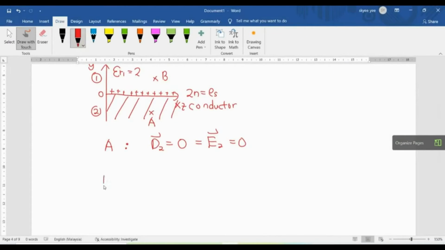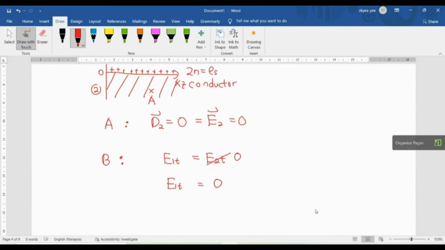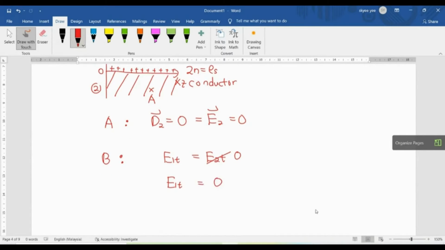So what is the relationship? We know that E1 tangential is equal to E2 tangential. Since E2 tangential is 0, E1 tangential is also 0. How about the normal component? Is it 0?